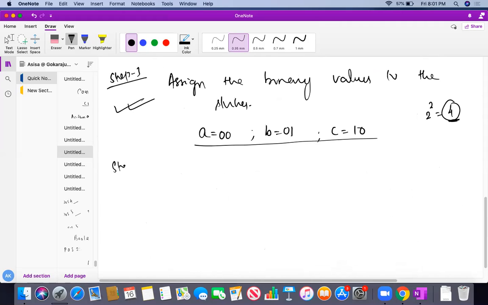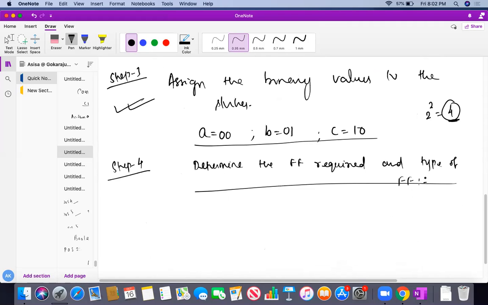Next, step 4. What is step 4? You have to determine the number of flip-flops required and the type of flip-flop. For that you have one formula: 2 to the n greater than or equal to the number of states. Here n is the number of flip-flops, and the number of states is 3. So 2 to the n is greater than or equal to 3.